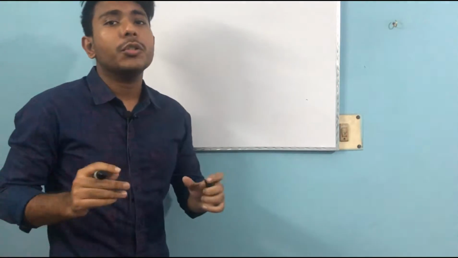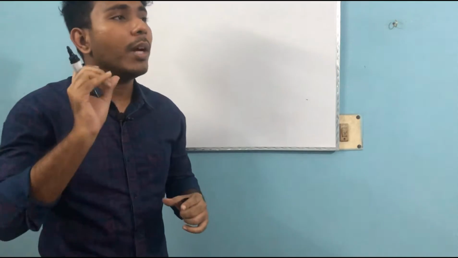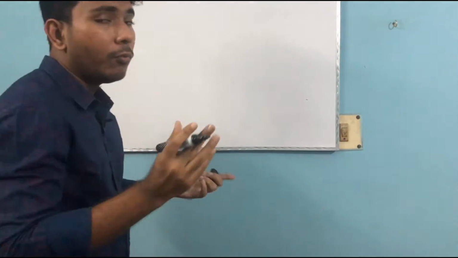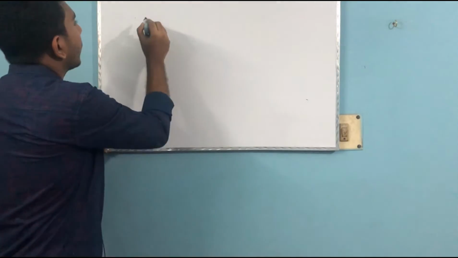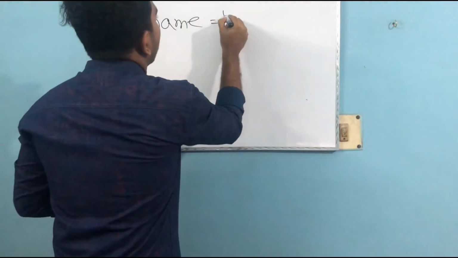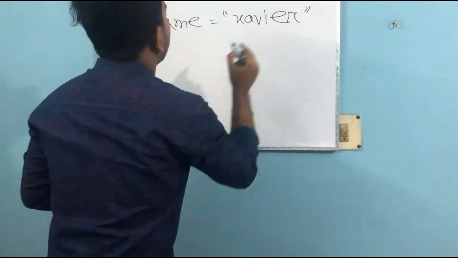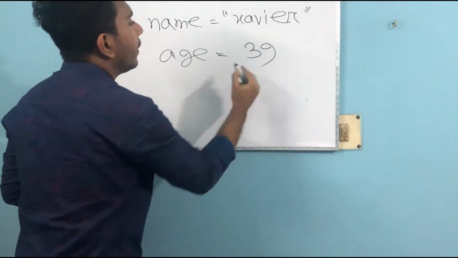Suppose your name is Javier and your age is 39 and you have to store this data somewhere in your coding. Then what will you do? You will simply write down some variables. name is equal to Javier and age equal to 39.